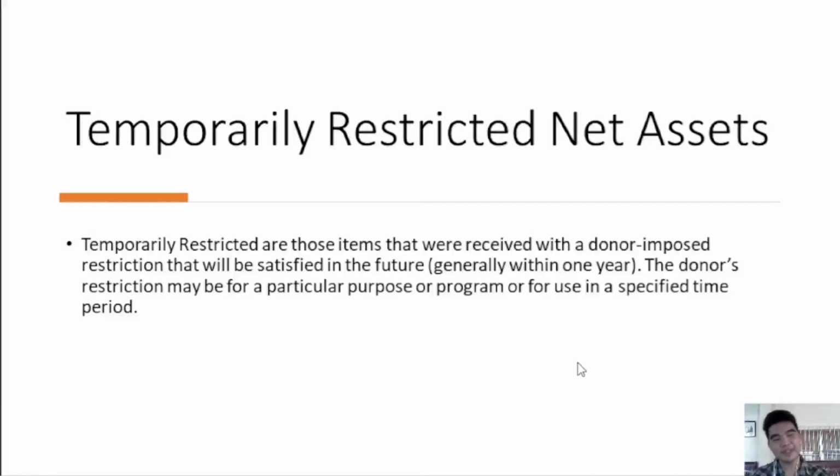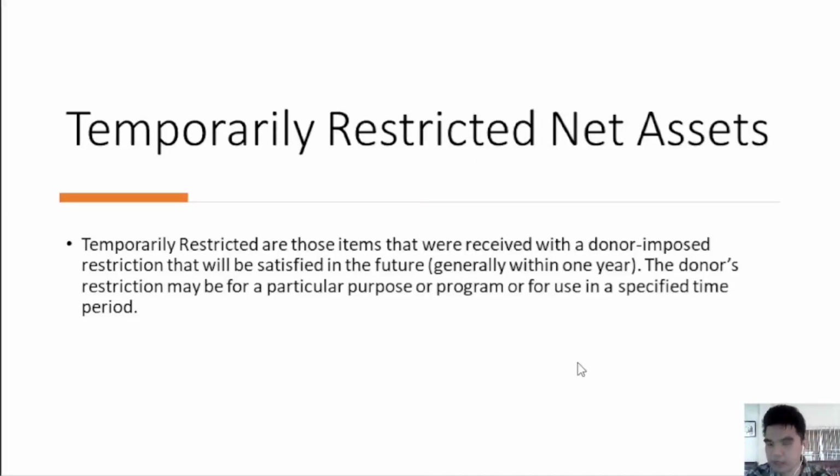So now let's go into the temporarily restricted net assets. So temporarily restricted net assets are those items that were received with a donor-imposed restriction that will be satisfied in the future. So it's generally within 1 year. The donor's restriction may be for a particular purpose or program or for use in a specified time period. So to better visualize this, I've come up with this example.